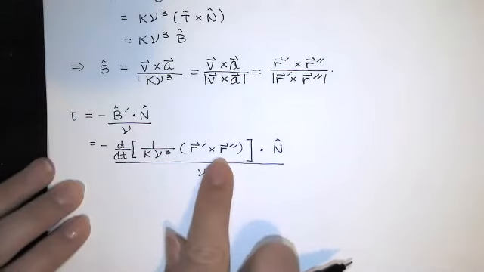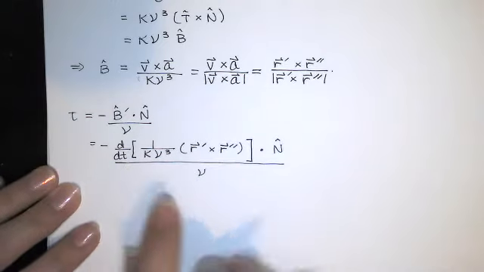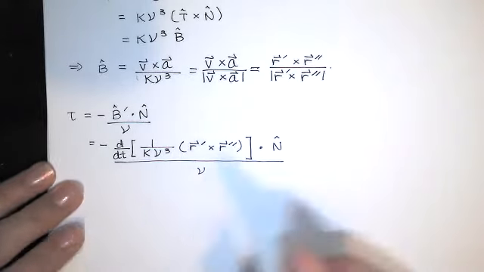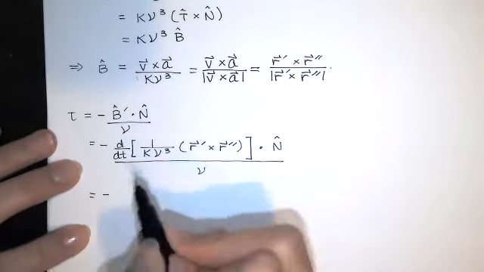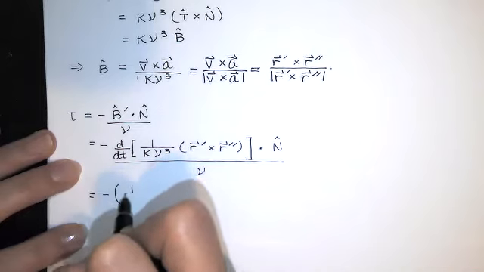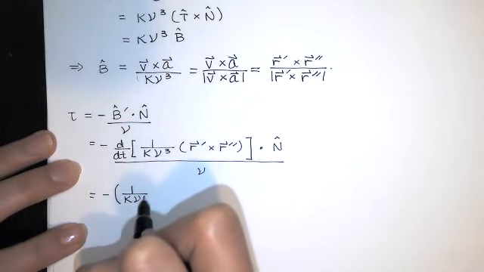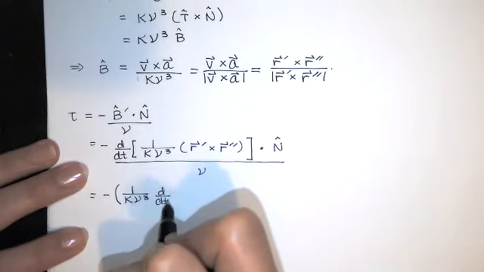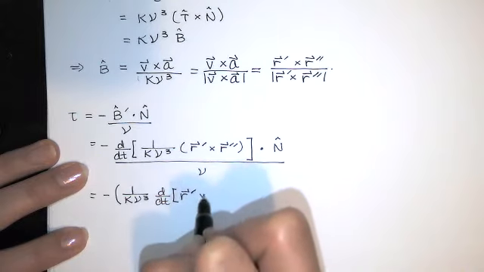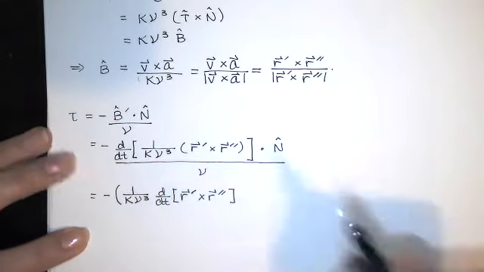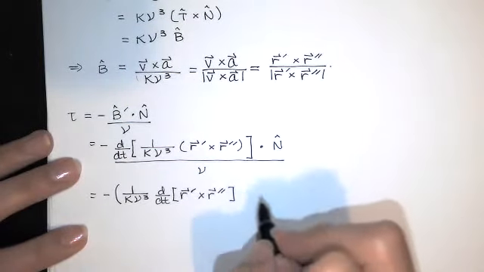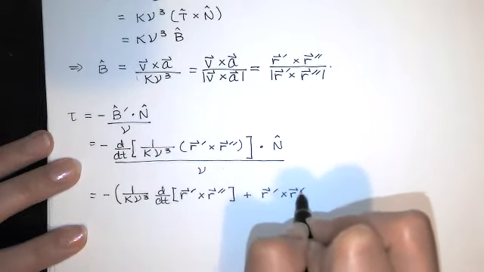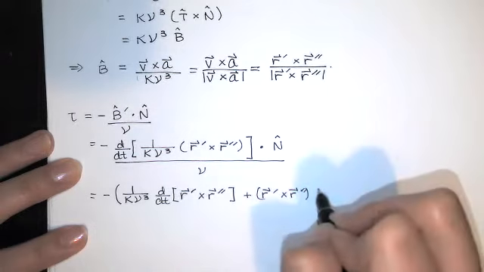Well, in order to take this derivative, I can use a product rule that applies to scalar functions times vector functions. So we're going to say this is the first function times the derivative of the second function plus the second function times the derivative of that first function.